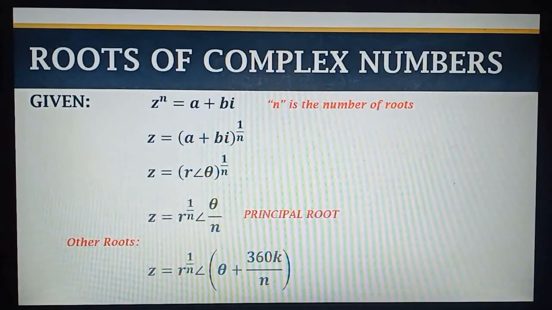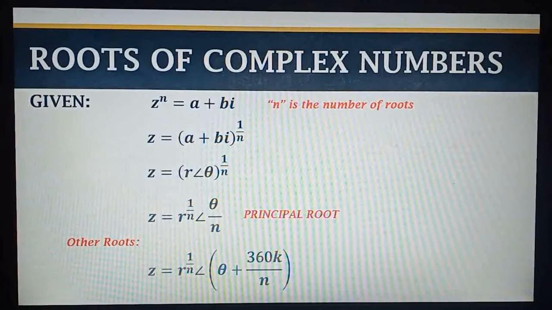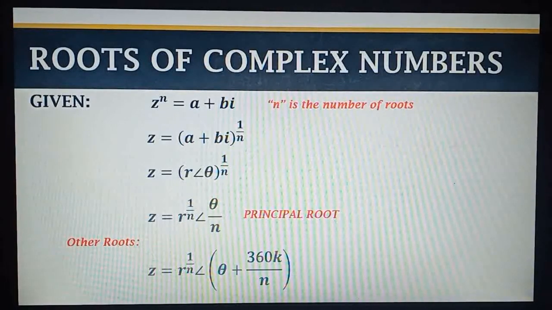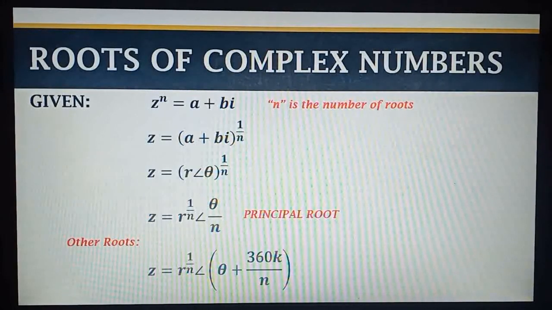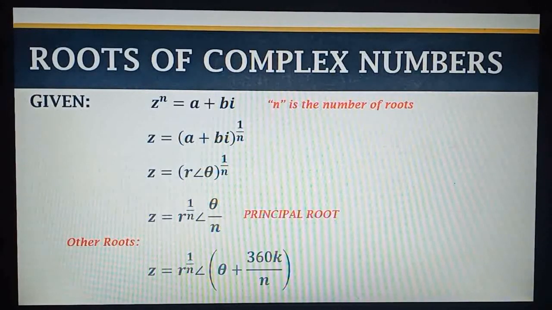Now to get the other roots of the equation, syempre, yung n hindi lang naman 1 yung value, it can be 2, 3, and so on. So nakadepende yun kung ilan yung magiging roots ng equation. So to get the other roots, you will now have z equals r raised to 1 over n at angle of the quantity theta plus 360k all over n.